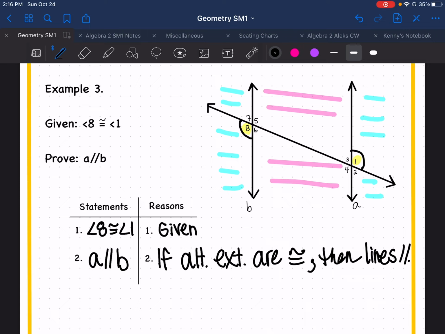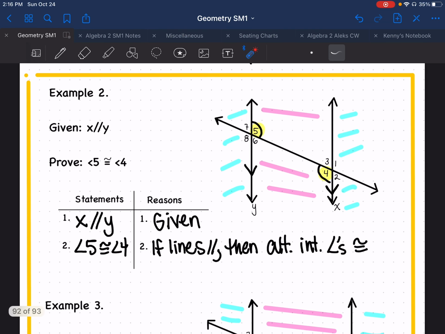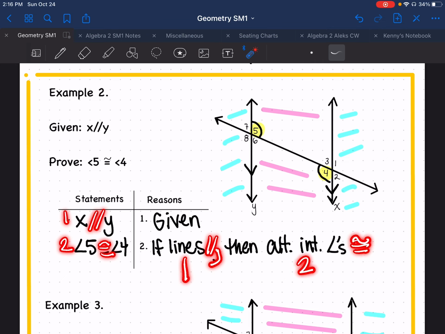Okay, so watch. Congruence first, parallel second. It's like the proof is telling you exactly which one to pick. Look at the one we just did before. First, parallel, then second, congruent.